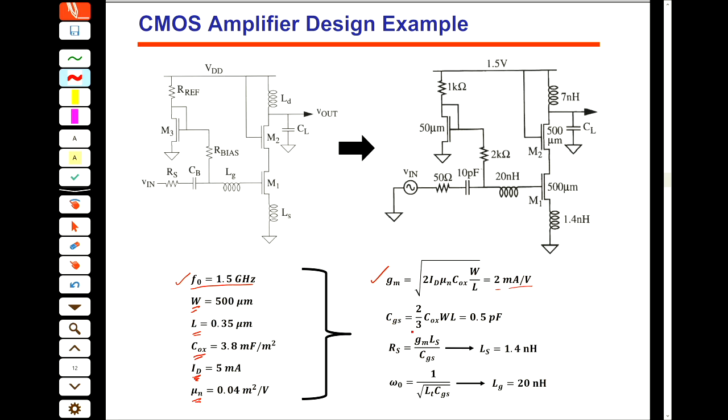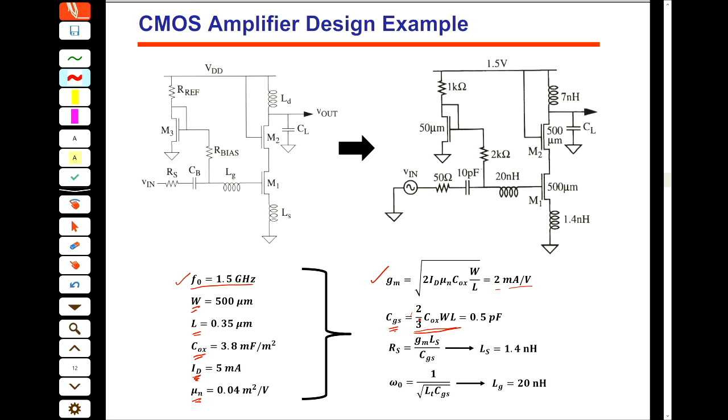This equation may be new for you, but this is the effective capacitance of the gate. The effective capacitance of the gate is the area of the gate, which is W multiplied by L, multiplied by the capacitance per unit area, times 2/3. This is the formula that we have.